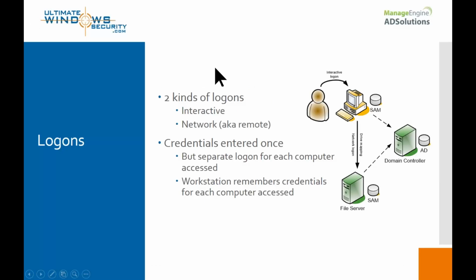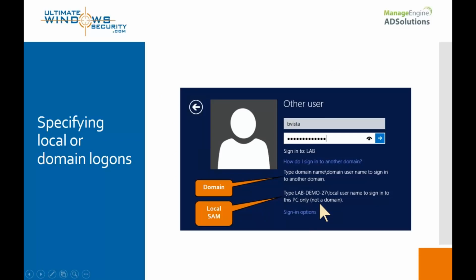Likewise, there's multiple types of logon. Now, I'm only showing two here. The user walks up to their workstation and logs on interactively. It's also called a local logon in Windows. Now, local means that we're just physically local to the keyboard and screen. It doesn't mean that it's a local account or a domain account. It just means that we have logged on at the local console of that computer. Then, if we map a drive down here to that file server, that's called a network logon. Of course, there's more logon types than that.